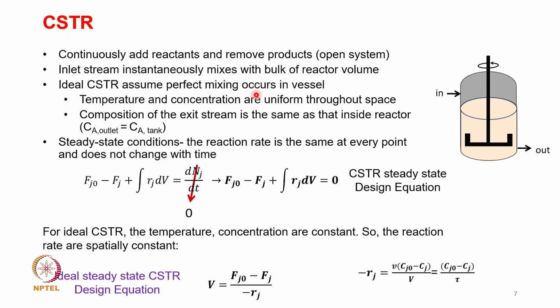The inlet stream is instantaneously mixed with the bulk of the reactor. Once the feed is inside the reactor, it mixes instantaneously. In an ideal CSTR, based on the stirrer that we provide, we assume that the mixing occurs very well, and as a result temperature and concentration are uniform throughout the entire space.